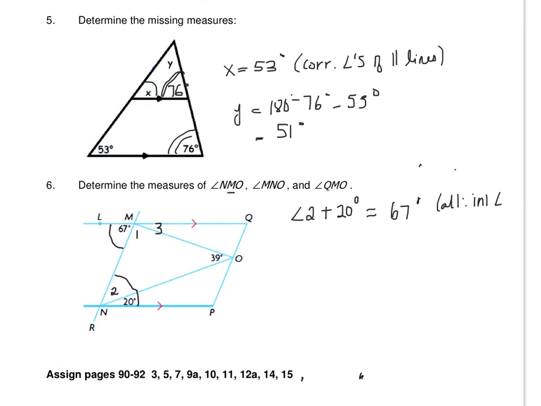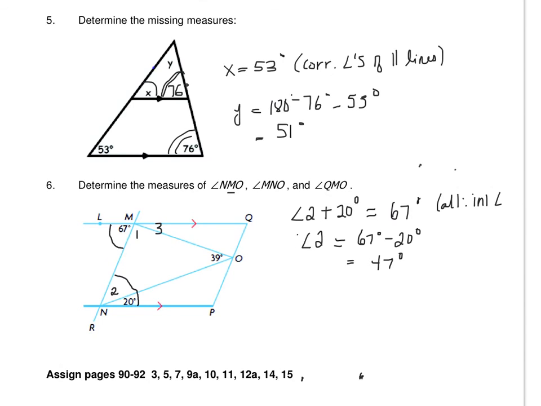My pen is giving out, I think. So therefore angle 2 should equal 67 minus 20, which is 47 degrees.